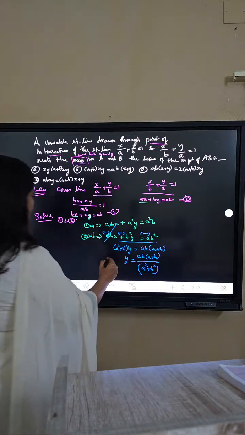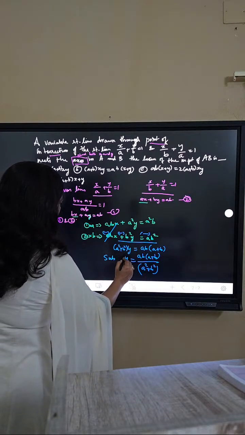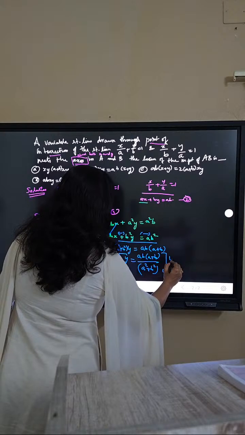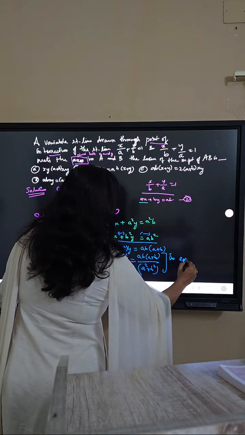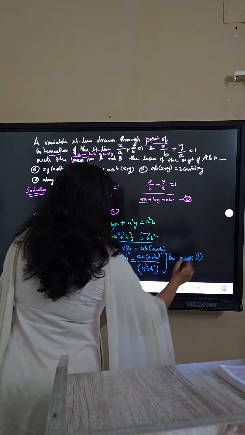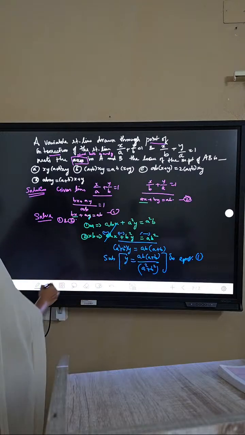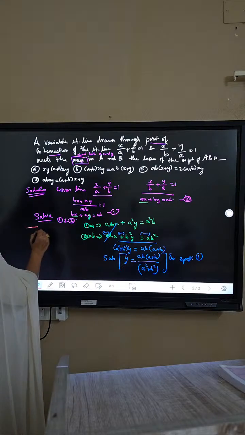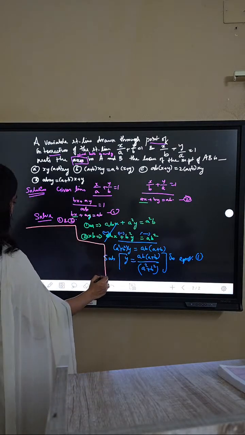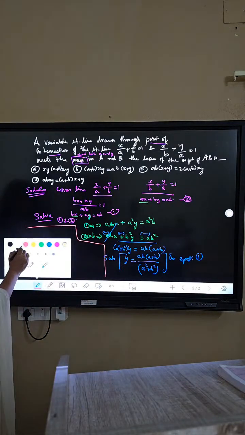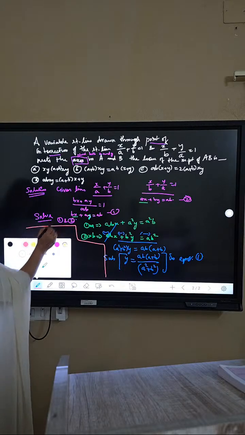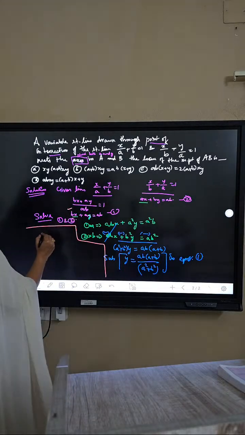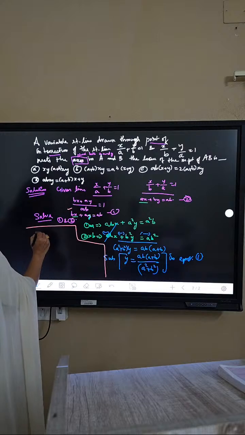Okay, so substitute y in equation 1. What is equation 1 right now? Substitute in terms of y and find out x.